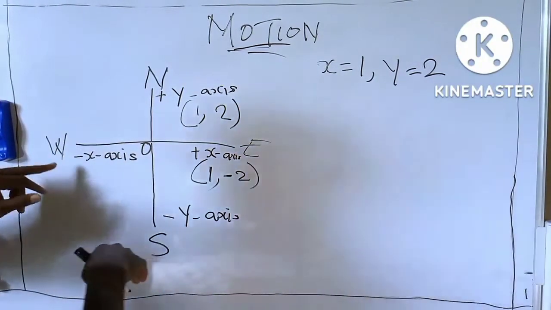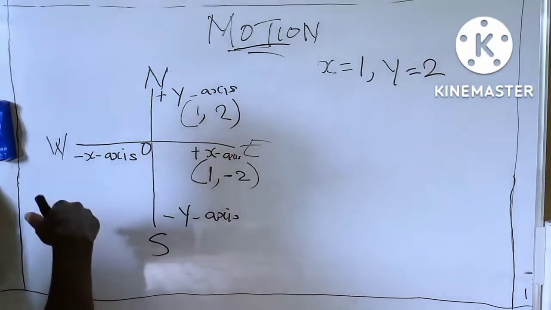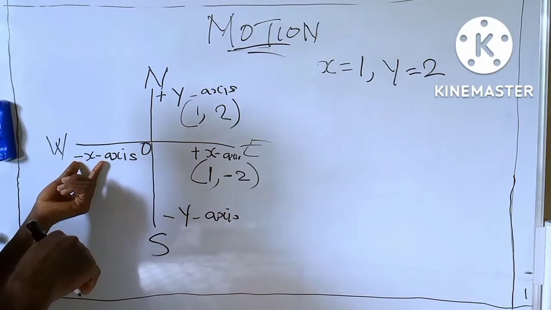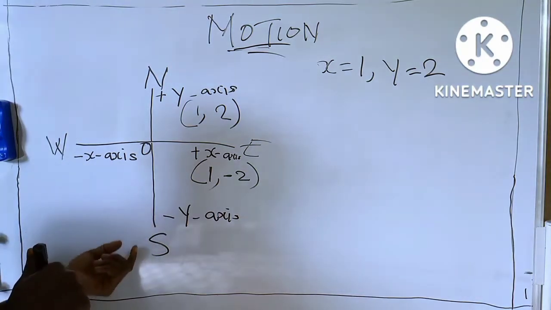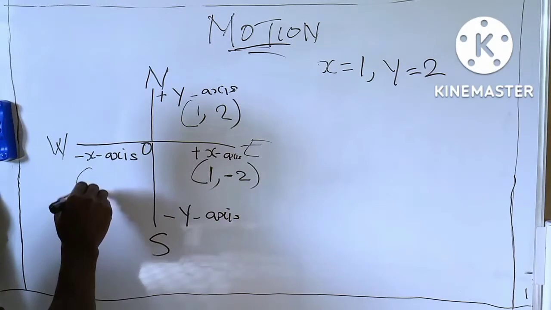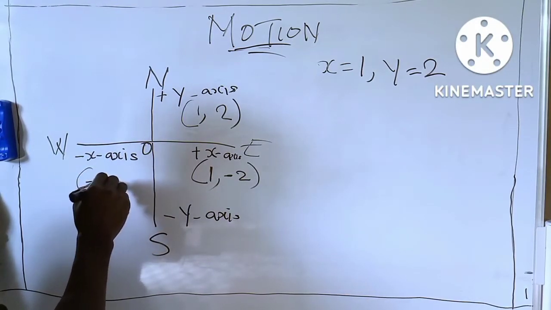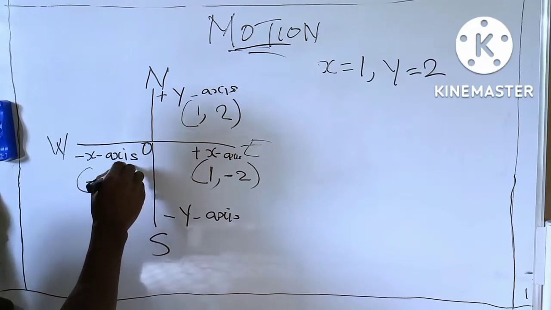And this side, southwest, we have negative x and negative y, so we have negative 1 and negative 2.